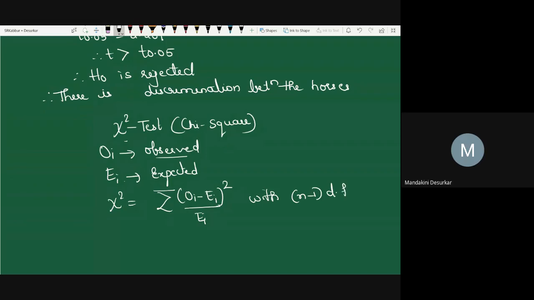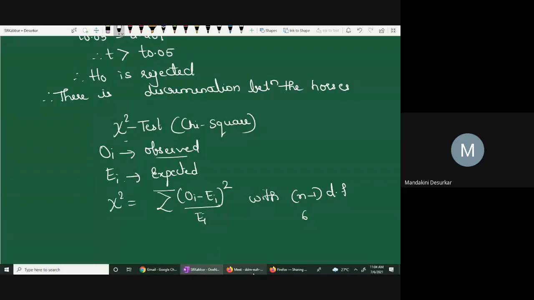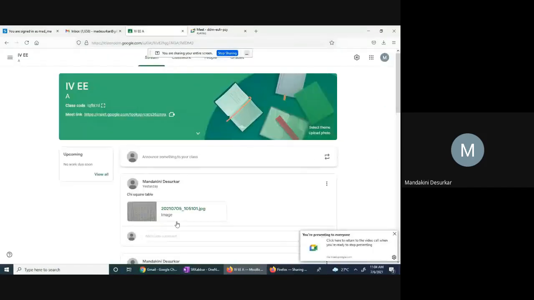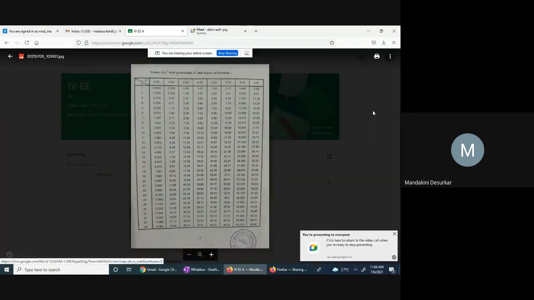Again, the table also goes on the same line. If the degree of freedom is 6, what we do is, in the sixth row, check for 0.05. So it is 12.590. Similarly, for 0.01, it is 16.81.